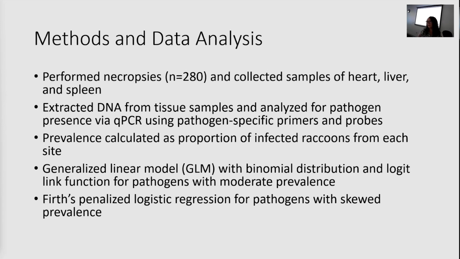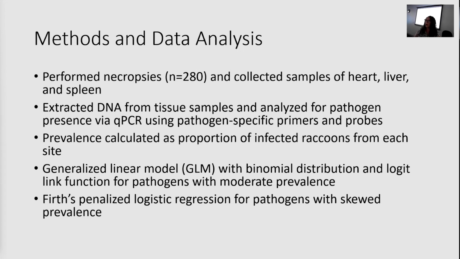Again, I collected these 280 raccoons, and I collected samples of the heart, liver, and spleen. I then extracted DNA from these tissues and analyzed for pathogen prevalence using qPCR and pathogen-specific primers and probes. Prevalence was again calculated as the proportion of infected individuals from each site.